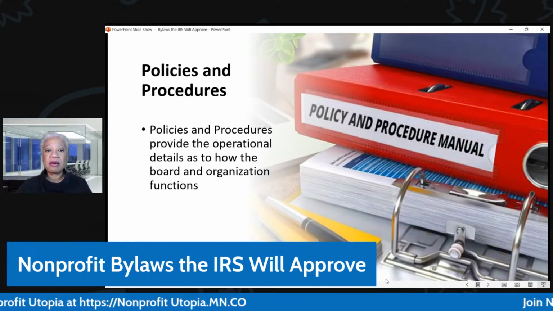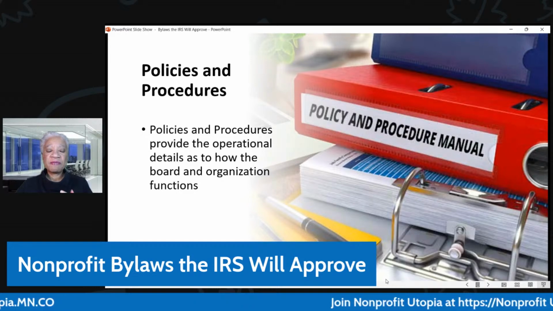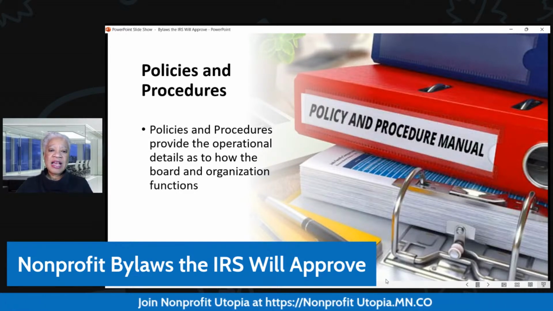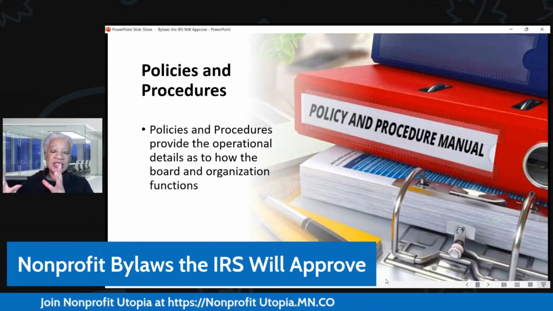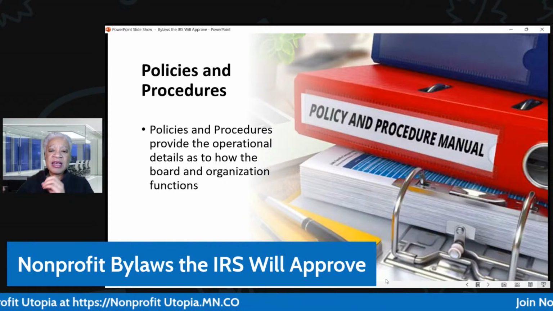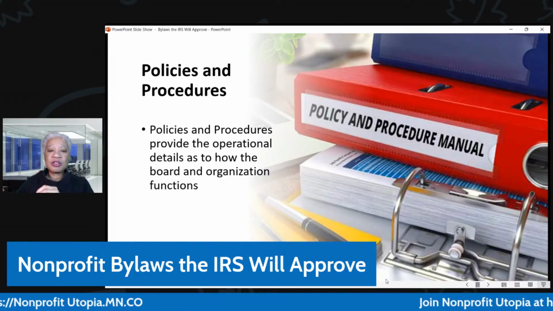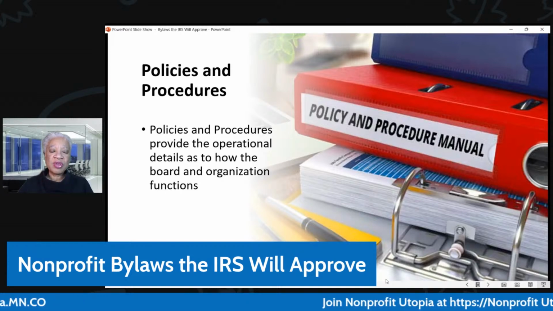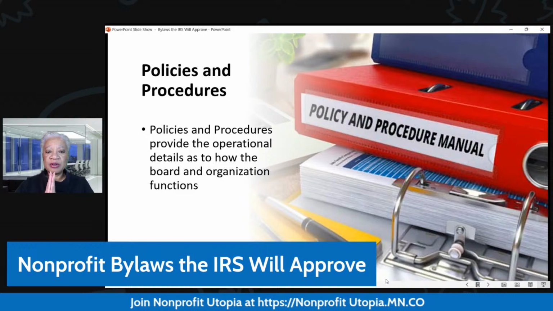So as you think about putting your bylaws together, you should not get the idea that just because you've incorporated, you have satisfied everything in your bylaws. And you also don't want to be confused and think that all the details from your policies and procedures go into your bylaws.